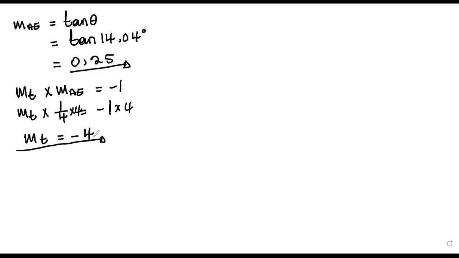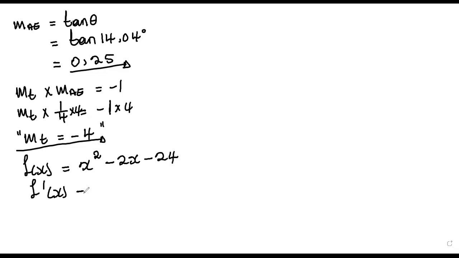But what do I know? I know that at the point of tangency, the gradient of the tangent is equal to the gradient of the function itself. So what is the gradient of the function? The function itself is x squared minus 2x minus 24, and the gradient of the function, which is the derivative, is equal to 2x minus 2.